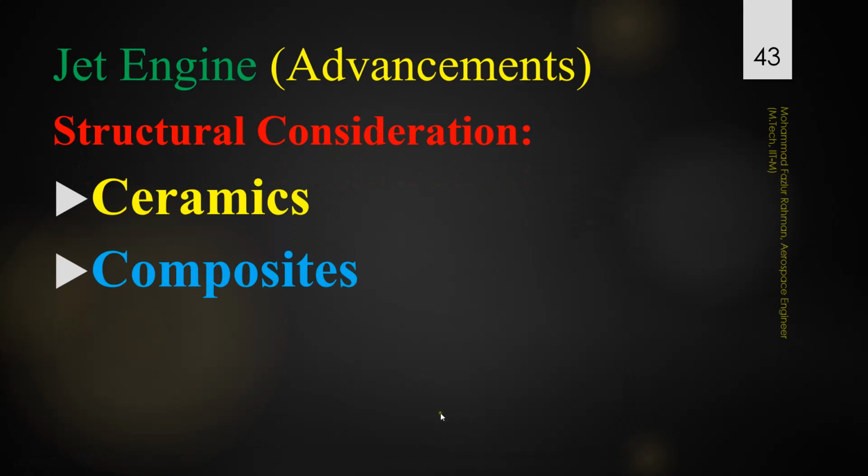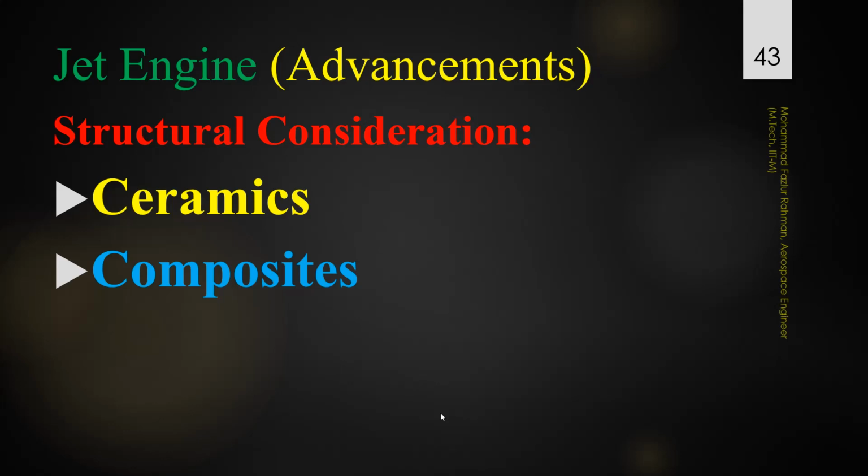The last advancement I'd like to discuss here is the use of ceramics and composites. When we try to research and improve the performance of any device, what we normally need is either to improve its output or improve its efficiency, or sometimes we try to research and see what comes next. Maybe something new will come which is completely unknown to us.